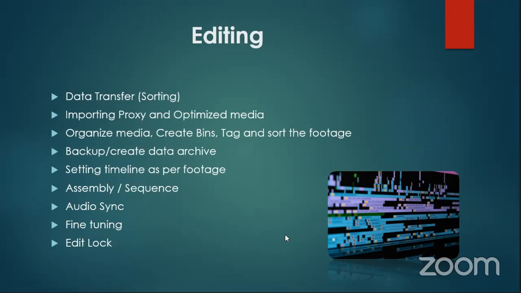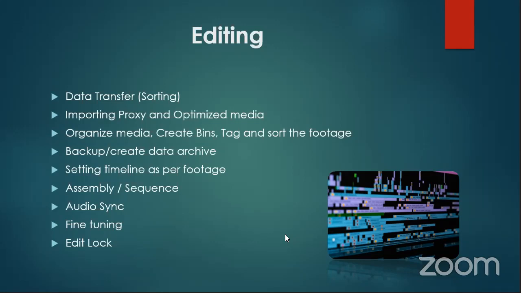It should match your file formats. Let's say you have shot with a 2K resolution camera. You should check the resolution first and match the timeline setting with that particular format. Let's say you have shot with 30 fps and you are editing on 25 fps. The footage will automatically get converted to 25 fps.